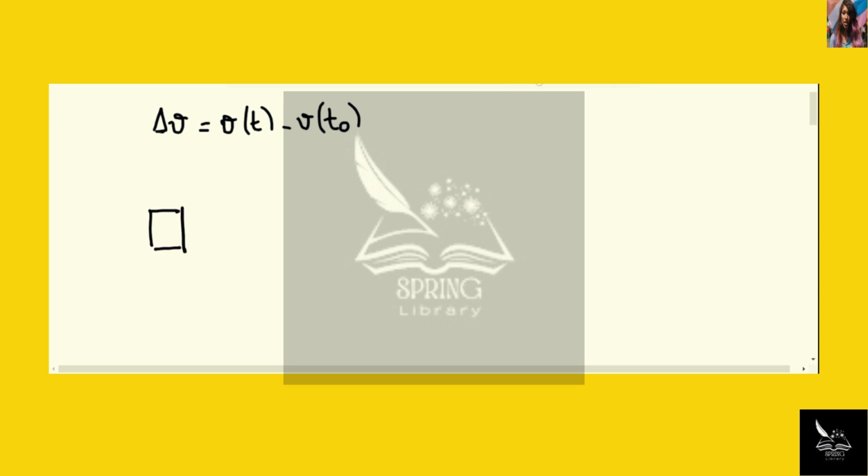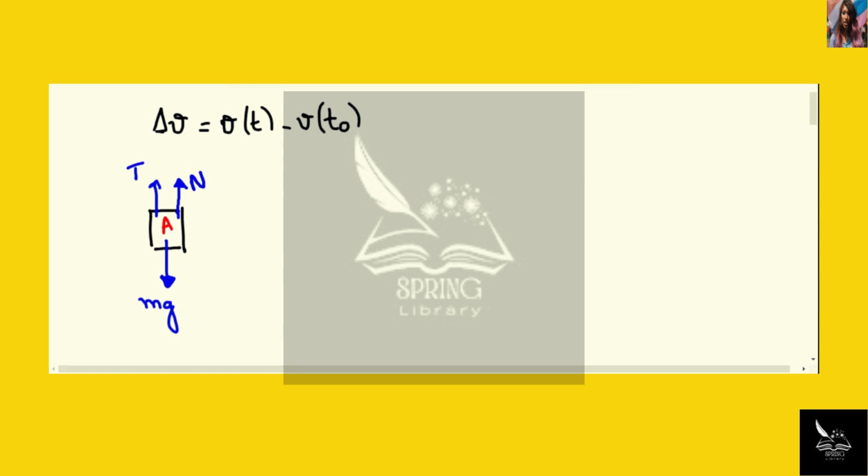A. So here we have block A, and the forces that act on block A are the gravitational force acting downwards, so that's mg. Then we have the tension, T, acting upwards, that's the tension of the cable. And we also have the normal force.